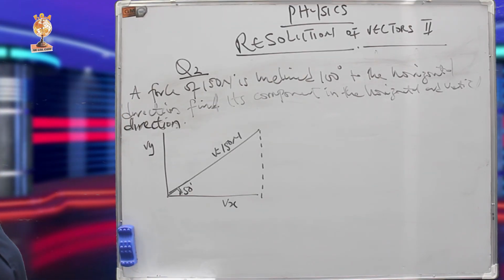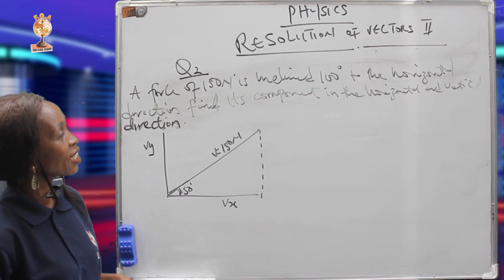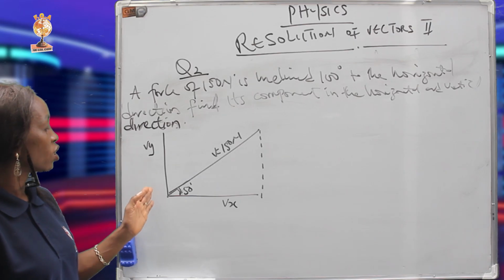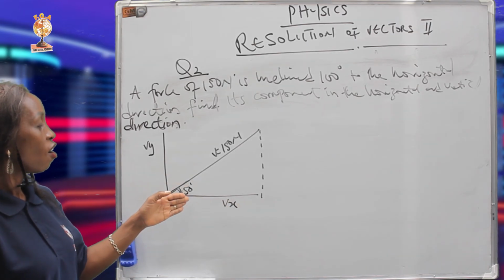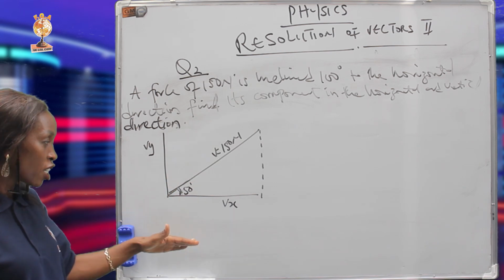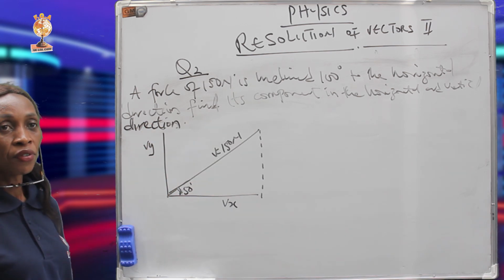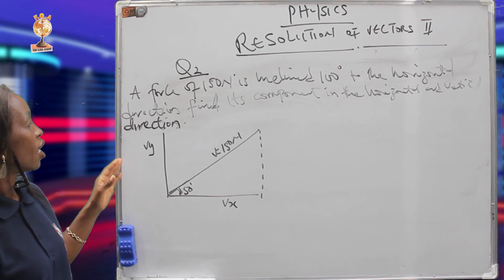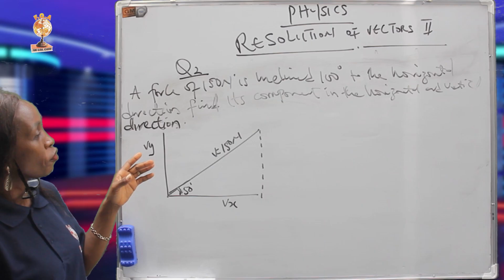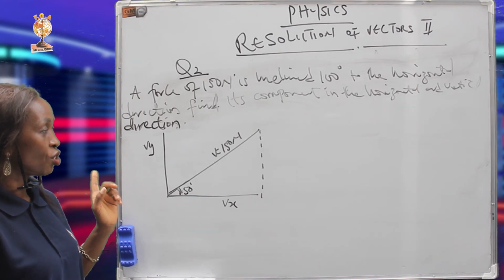A force of 150 Newton is inclined at 100 degrees to the horizontal. So if the horizontal is 50, the other one is 50, which is 100. Now find the components of the horizontal and the vertical direction.